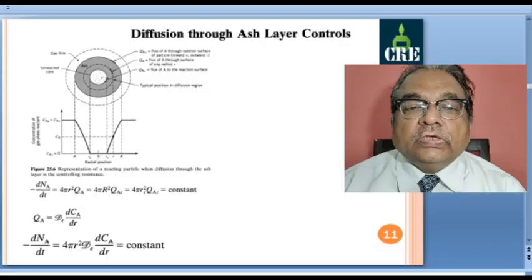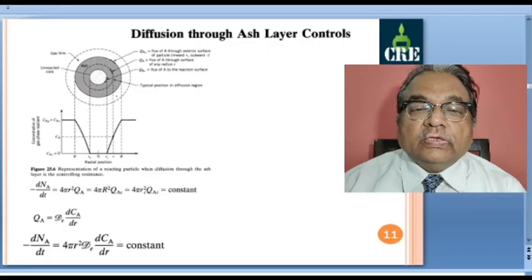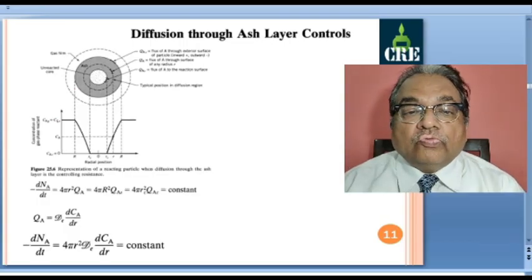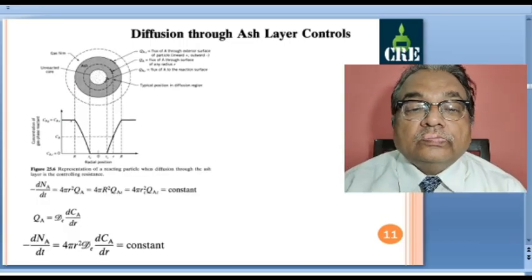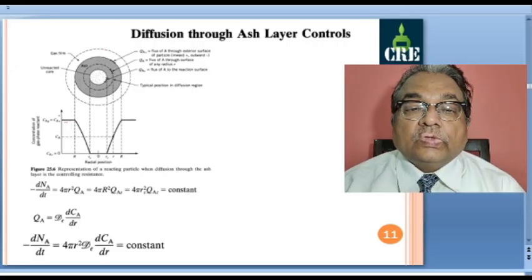Now this is again the shrinking core model. Inside you have the unreacted core. This is the hard ash layer, and outside the ash layer there is a gas film. Now if we look at the gradient, this CAG is equal to CAS. It is constant, not changing within the gas film.